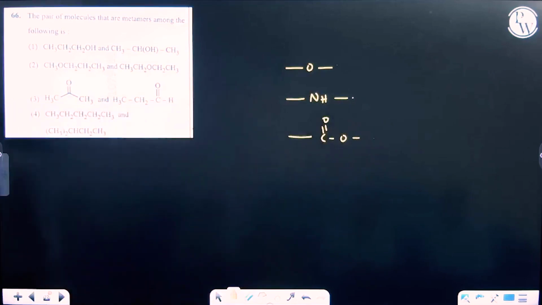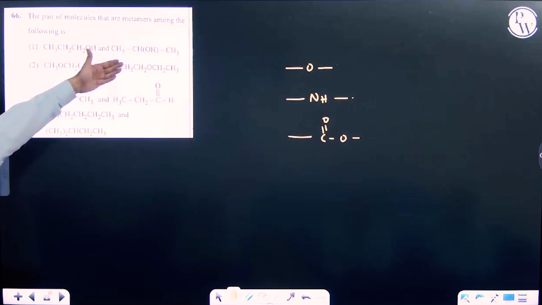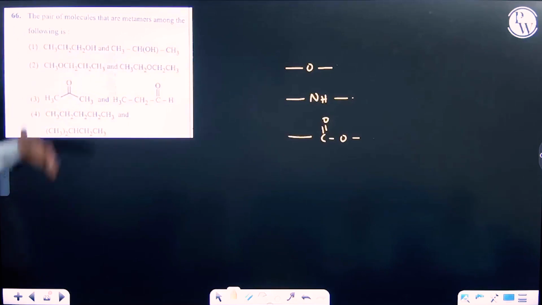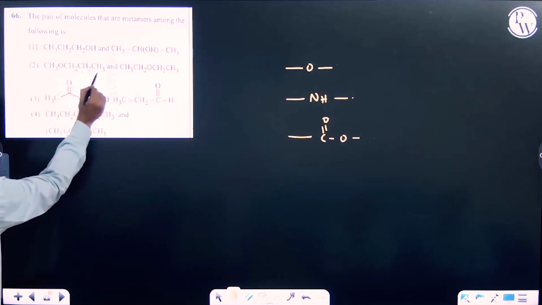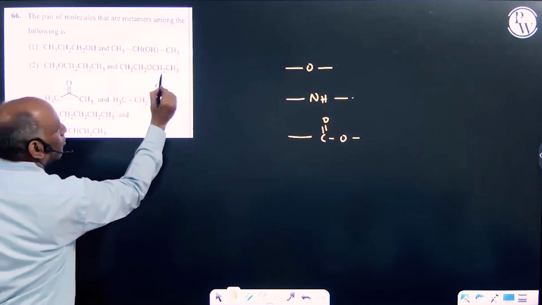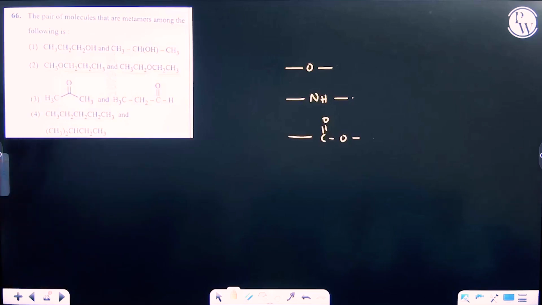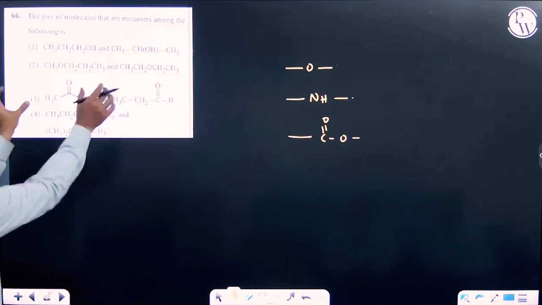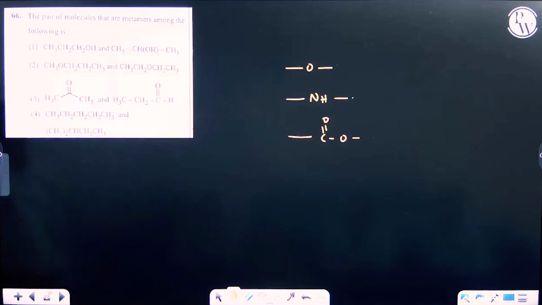If you look at this, this is alcohol. The first 2 are examples of position isomers only. Here methyl group and propyl group are there; here ethyl group and ethyl group. These 2 compounds have a divalent functional group like oxygen, and they differ in the nature of alkyl groups, and hence they are examples of metamers.